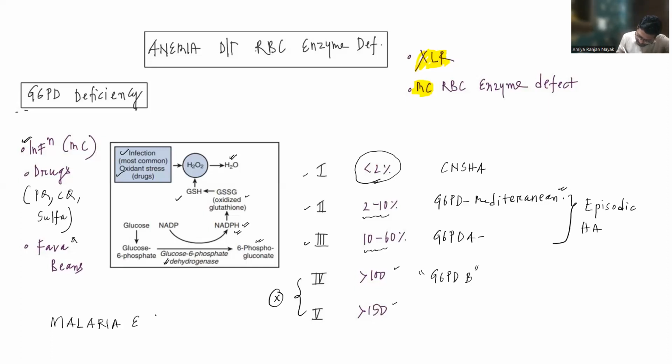Many of these hemolytic anemias, we'll also discuss in sickle cell disease and thalassemia, are common in areas where malaria is endemic, because these types of RBC abnormalities give a selective advantage against malaria infection. So that is why this is common in those areas.